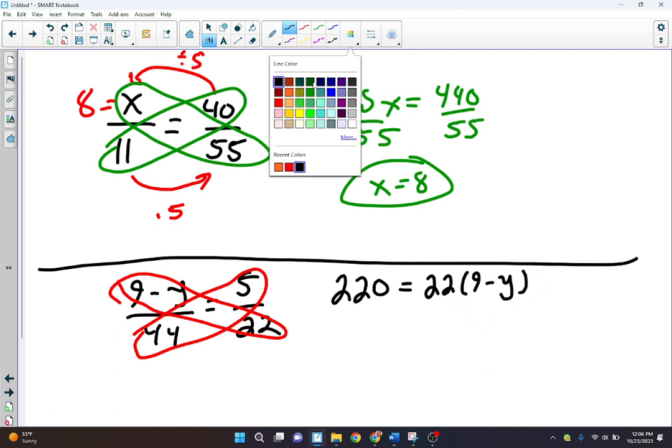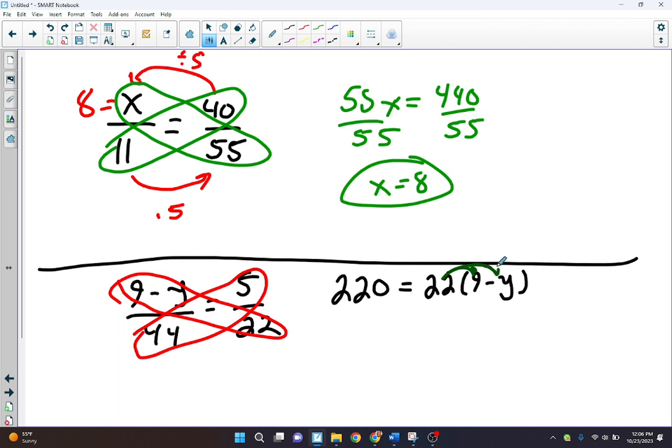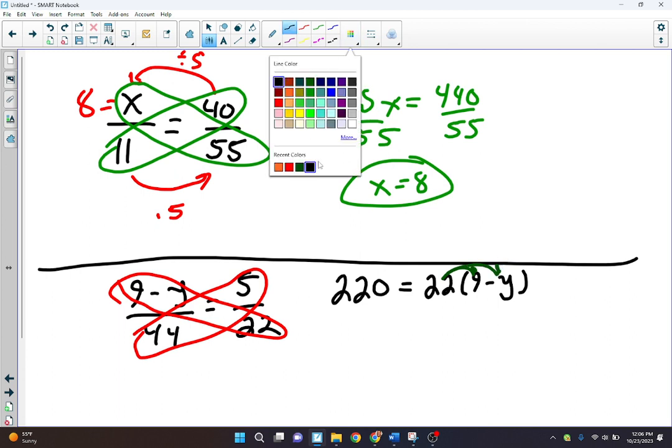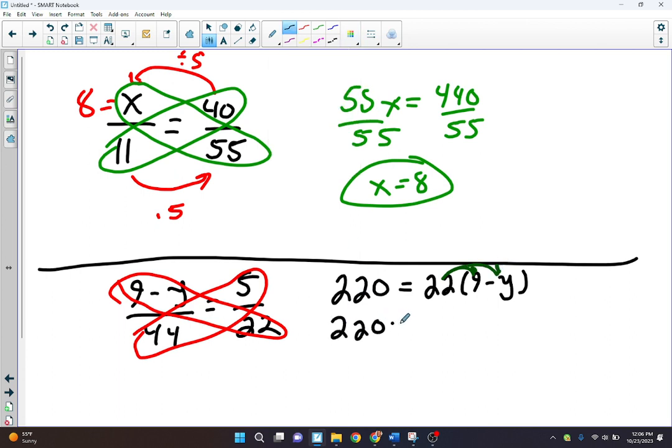Then I distribute the 22. So I get 220 equals 198 minus 22y.